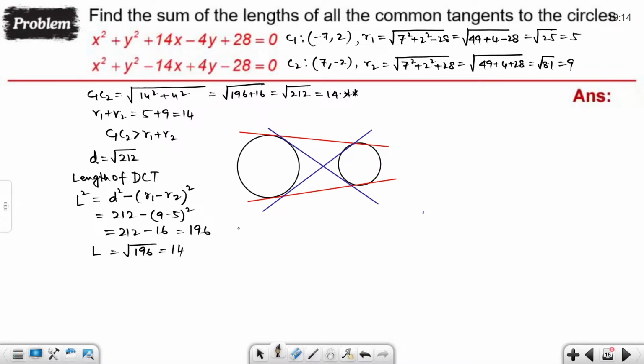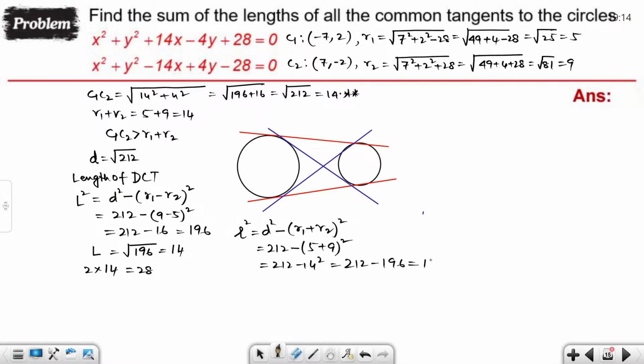Now, there are two direct common tangents. Therefore, the length of the direct common tangents will be 2 times the single one length, which gives us 28 unit. Now, for the transverse common tangents, small l square is D square minus R1 plus R2 whole square. D square is 212 minus 5 plus 9 whole square. So that gives us 212 minus 14 square, 196.